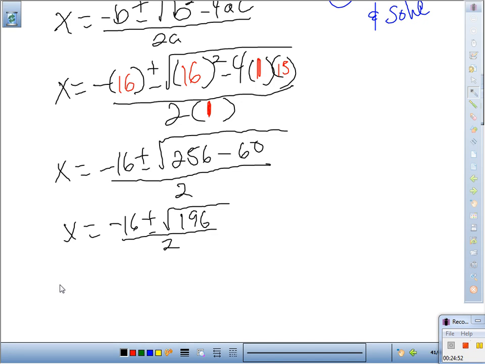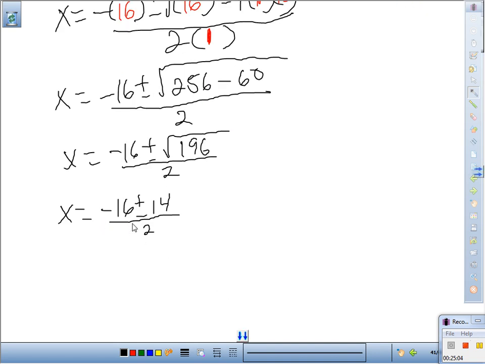X equals minus 16 plus minus square root of 196 is 14, over 2. Are we done simplifying? No. X equals, what is negative 16 divided by 2? Negative 8. Plus minus, what is 14 divided by 2? 7. Does this look familiar now?